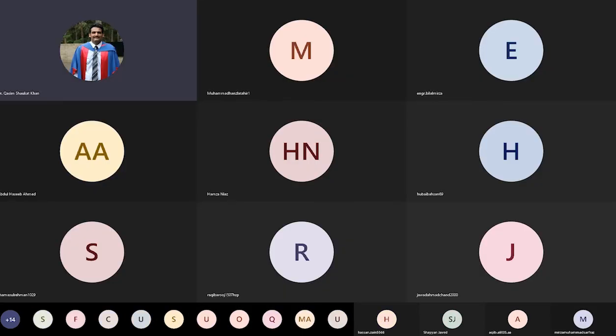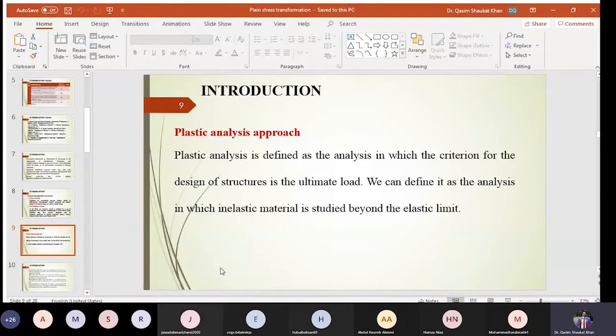Okay? So the plastic analysis approach is more advanced as compared to the other approaches, because now you are considering the inelastic ranges instead of just elastic limits. So what will happen in your design? You will utilize the full strength of the material. So the size of your structural element will reduce.